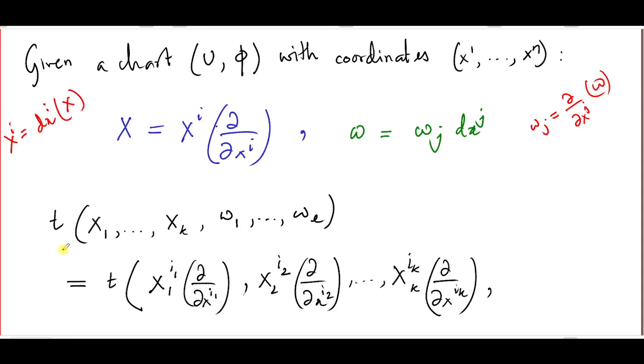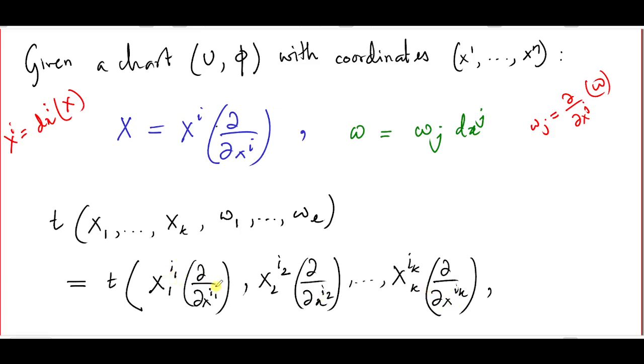Now, a tensor T of rank (k,l) is of course a map which takes k vector fields and l covector fields or one-forms and gives you a function as a result. Here what we can do is write each of these arguments in terms of the corresponding basis vector or covector fields. So X_1 can be written as X_1^{i1} del/del x^{i1}, X_2 as X_2^{i2} del/del x^{i2}, up to X_k^{ik} del/del x^{ik}.